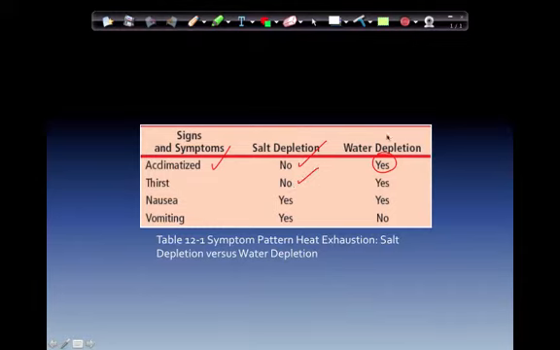No. Water depletion? Yes. Nausea, salt depletion? Yes. And water depletion? Yes. This is kind of a progressive thing. So the more of these symptoms we see, the more dependent we have on both of them. And vomiting generally occurs in salt depletion, but not in water depletion.